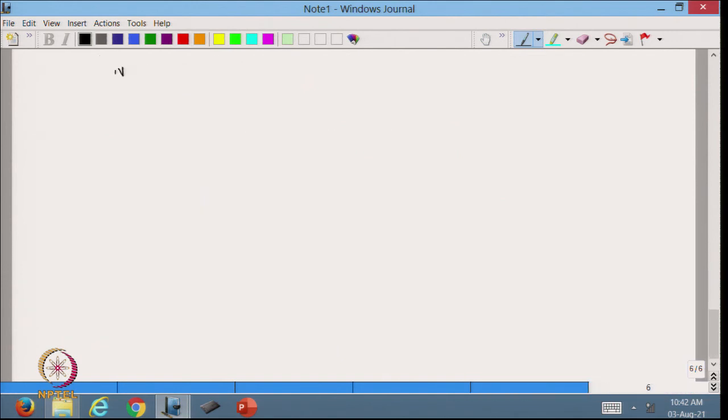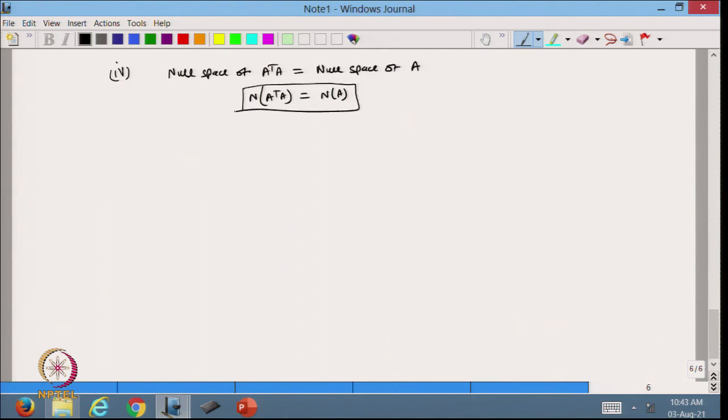The fourth property I want to discuss is that the null space of A transpose A is also equal to the null space of A. I want to discuss this because the null space of A is a subspace of Rn, and A transpose A is an n cross n matrix, so its null space is also a subspace of Rn.